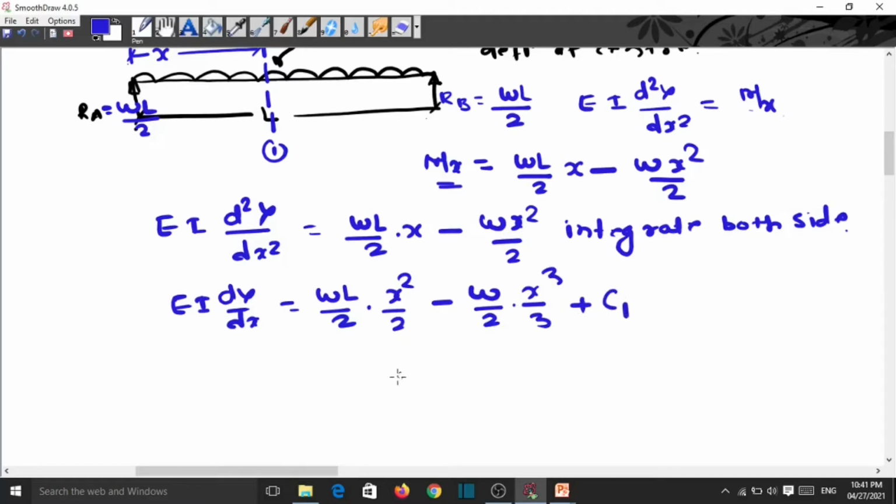This is a constant of integration. So this we call the slope equation.